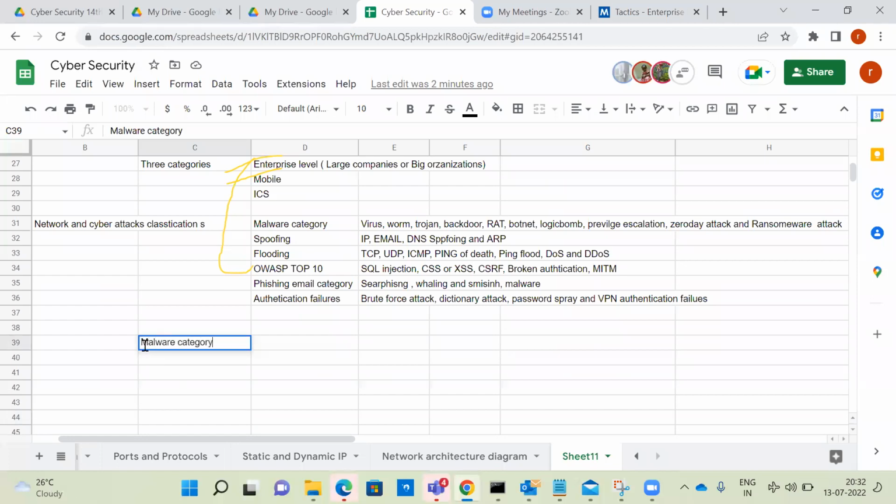Malware category, that is the first category. Now we can discuss the malware category. Before that, first, what is malware? Malicious software program code.